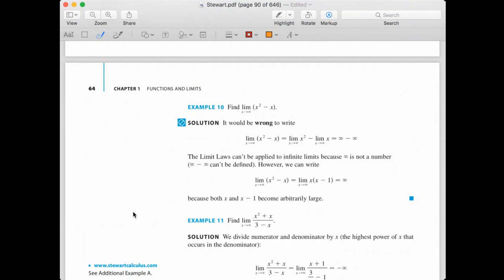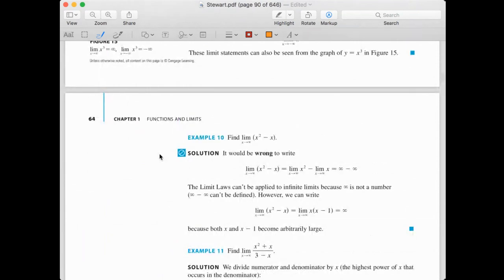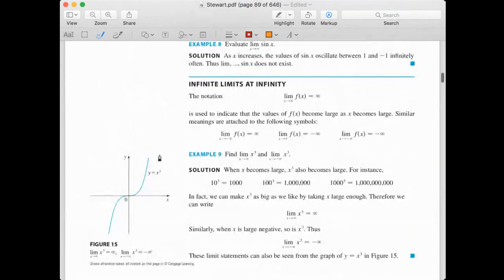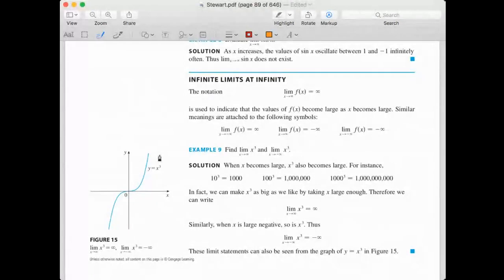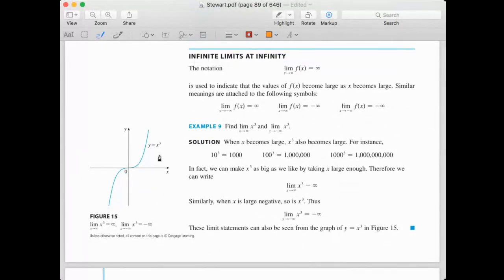Oh, okay. This is another example we need to know, a trick. So this is infinite limits at infinity. The limit of a function as x approaches infinity equals infinity. So I have two infinity signs here. For any polynomial, this is true.